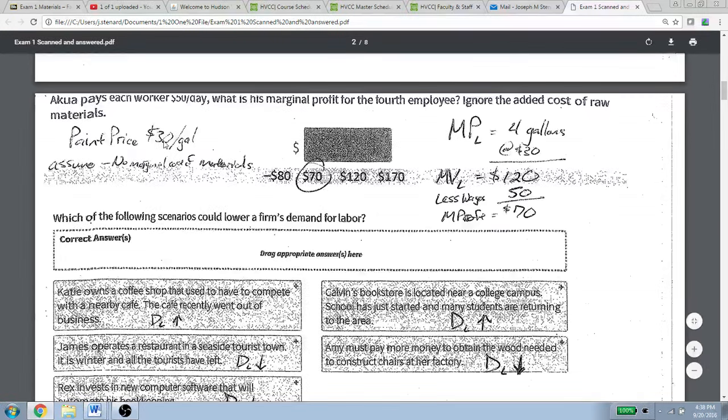Since each gallon can sell for $30, the marginal productivity of labor has a value of 4 gallons times $30, or $120. The marginal value of labor is $120, but the cost of that fourth worker is $50, so the marginal profit is $70. That's how you calculate that kind of problem. You should make up some of your own problems there and try to see if you can anticipate the marginal value.